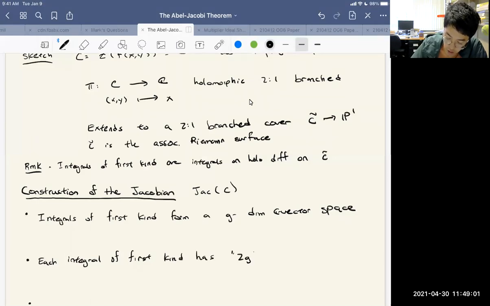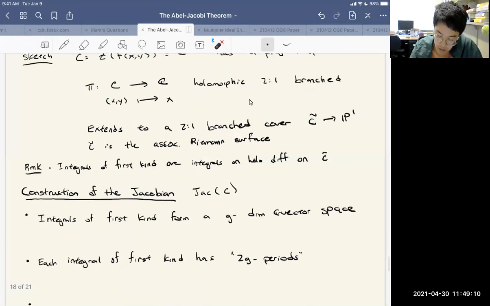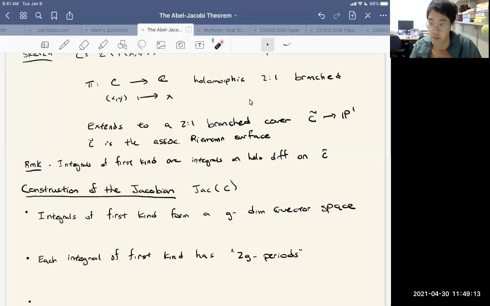And then he also shows that each integral of the first kind has 2g periods. So remember at the beginning when we talked about these Abelian integrals, there was some ambiguity that comes from a choice of path of integration.